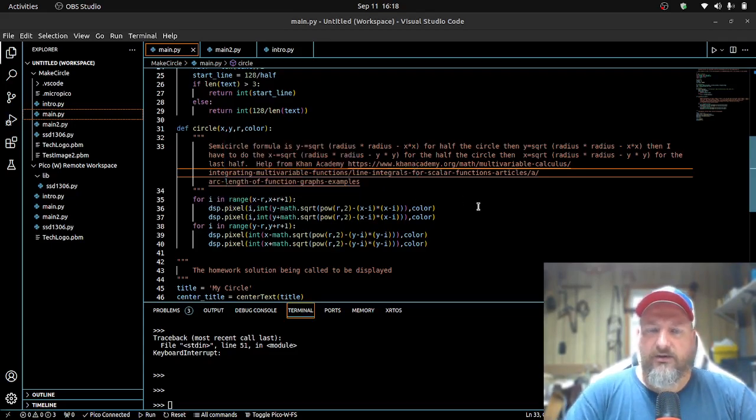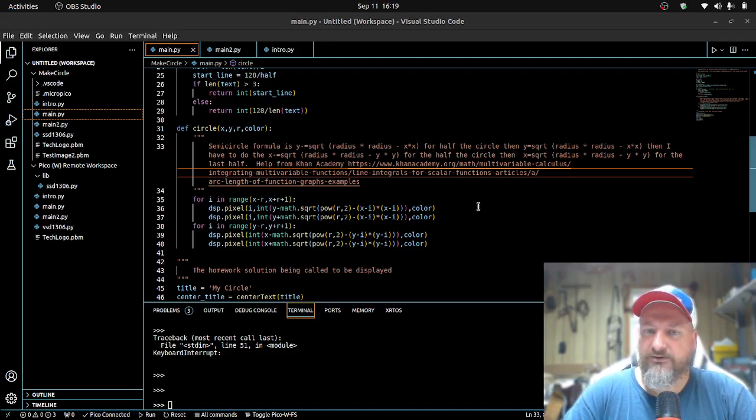We take y minus the square root of the power of r, so we're taking r squared, or r to the power of 2, so we're taking r times r, and then x minus the value of the first i, and then times x minus the value of the first i again. I tried to do that in a formula with Python.